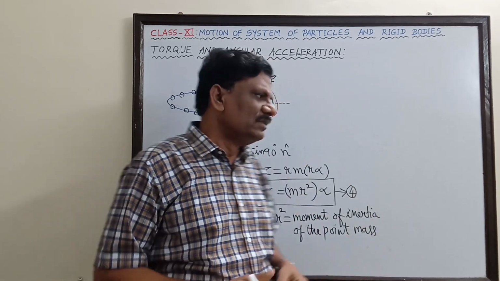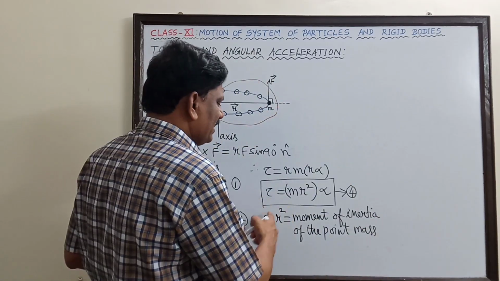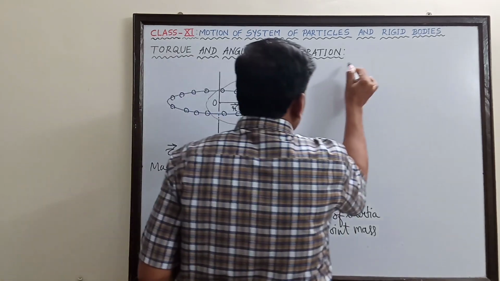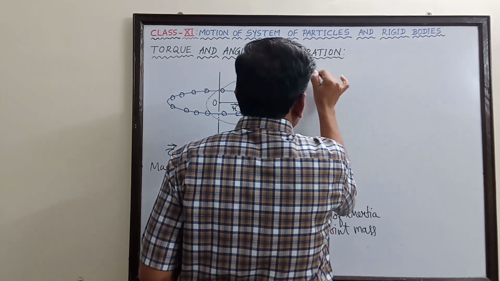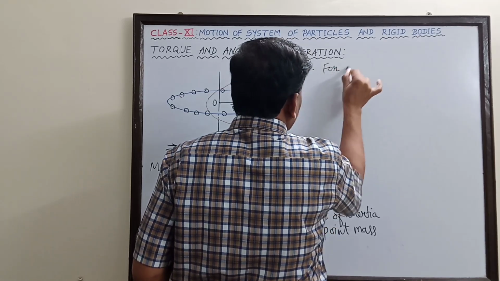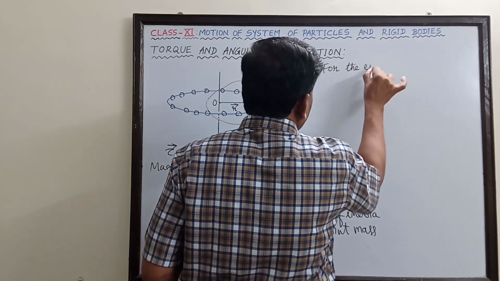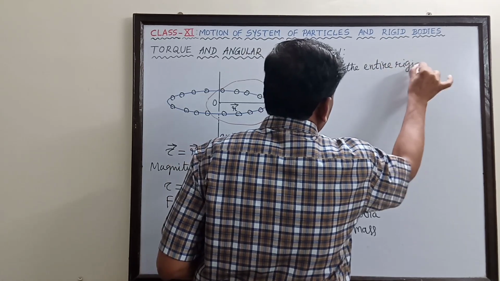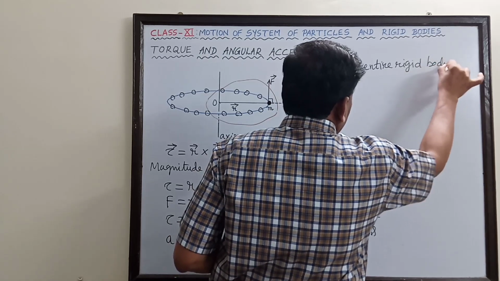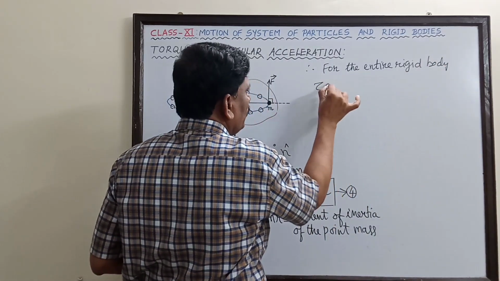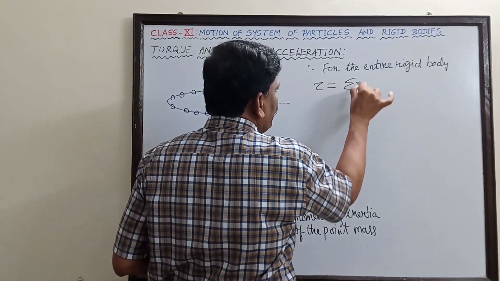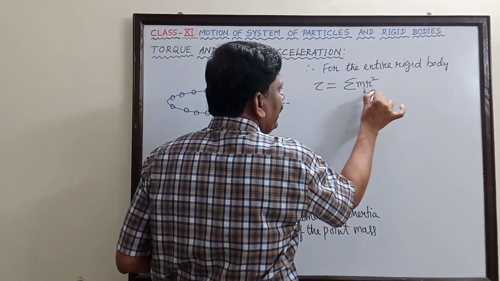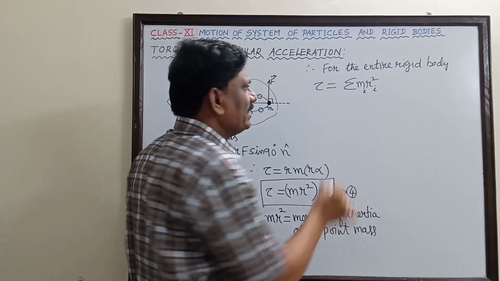Understand? So now this is the moment of inertia of the point mass. Therefore, for the entire rigid body, I can write torque tau is equal to sigma m r square, or m_i r_i square also I can represent.